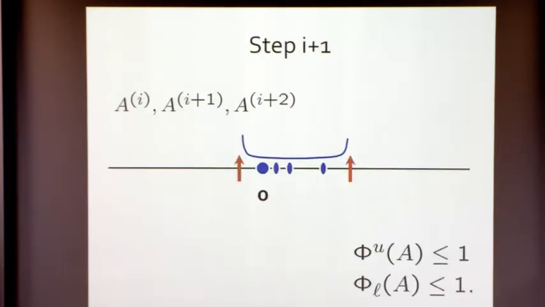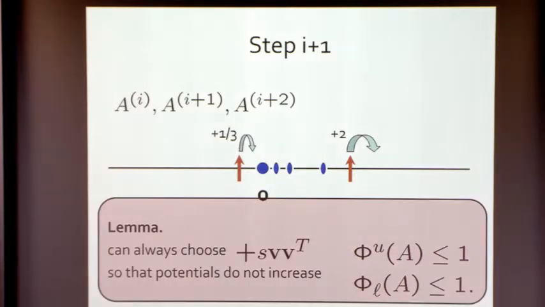And now at any step, the main lemma that we prove is that suppose you have some matrix, suppose both the potentials are bounded and the spectrum is between these barriers. Then there exists a scaling of a vector taken from your original set, added to the matrix, such that you can shift these barriers and the potentials do not increase.